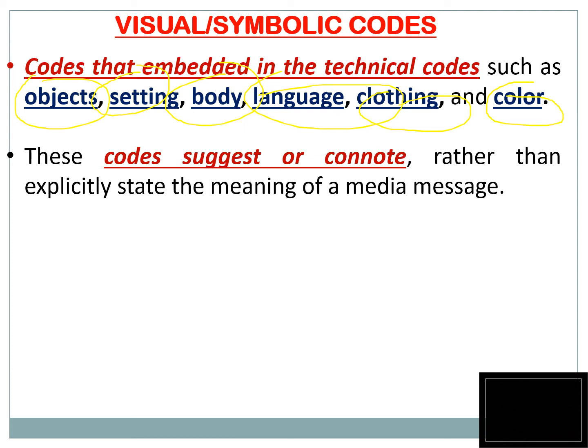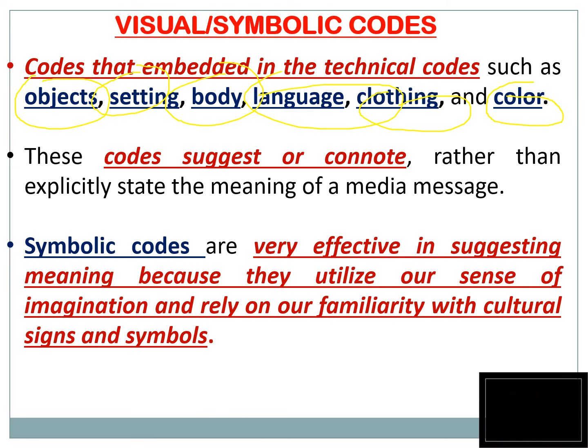So, next, this code suggests or connotes rather than explicitly states the meaning of a media message. So, more on codes yung nakikita natin dito, kagaya na lang ng mga hand gesture, sa pananamit nila, 'di ba? Or halimbawa na lang, yung settings ng palabas nila is nasa palasyo. So, meaning magkakaroon na rin tayo ng idea na yung bida na yun ay mayaman.